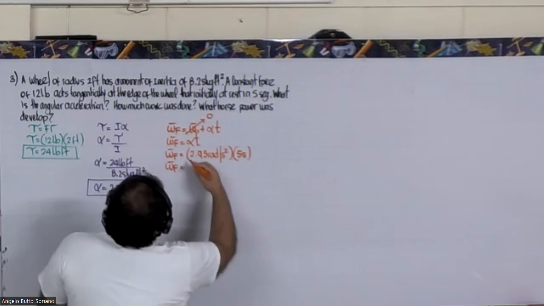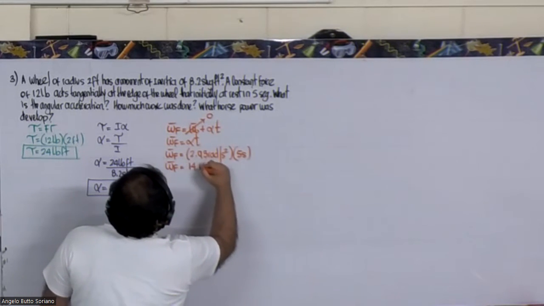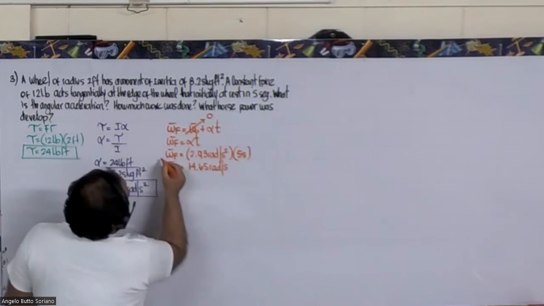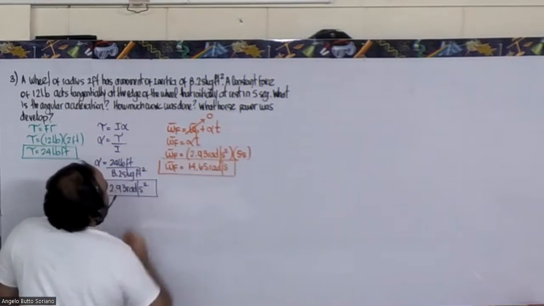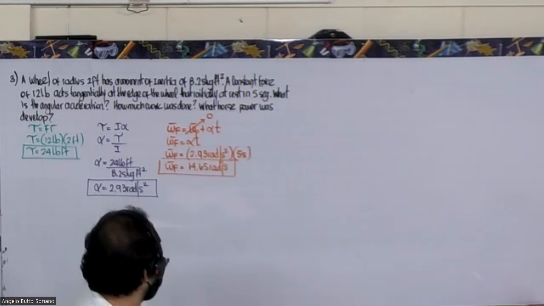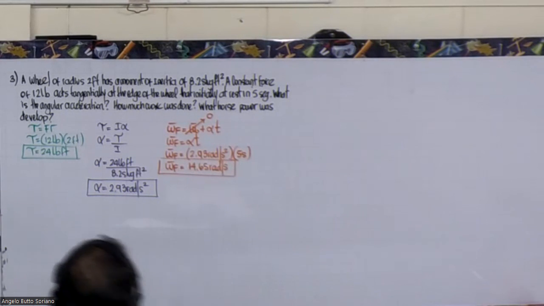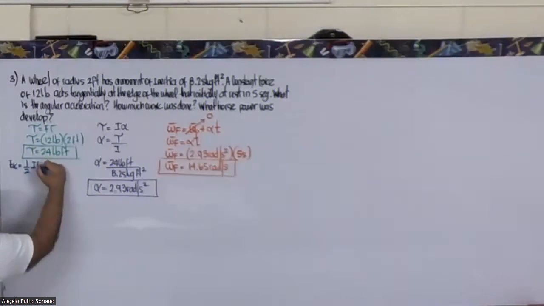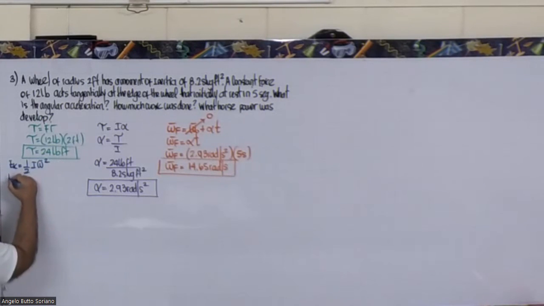All right, 14.65 radians per second. Okay, and we can calculate the kinetic energy, which is another way of saying the work. The kinetic energy is 1/2 iota omega squared.